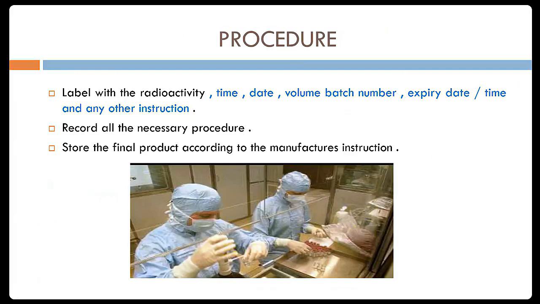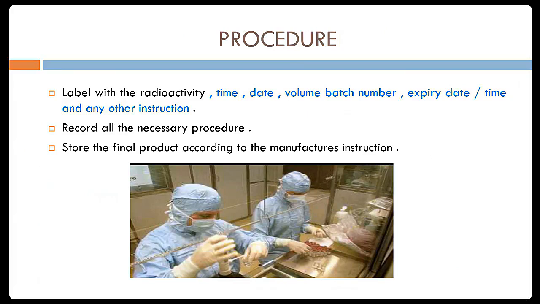After that, we have to label the radiopharmaceutical: how much radioactivity, the time and date when we made it, volume, expiry date and time, and whatever instruction, all have to be labeled, and we have to record the whole procedure.